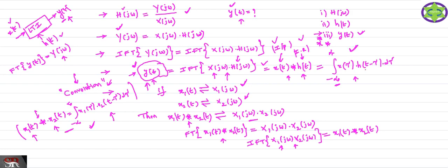How to perform the convolution, later we will discuss, but up to now you have to remember this formula. Convolution is an integral operation to find the response of the system for the given input and the impulse response.